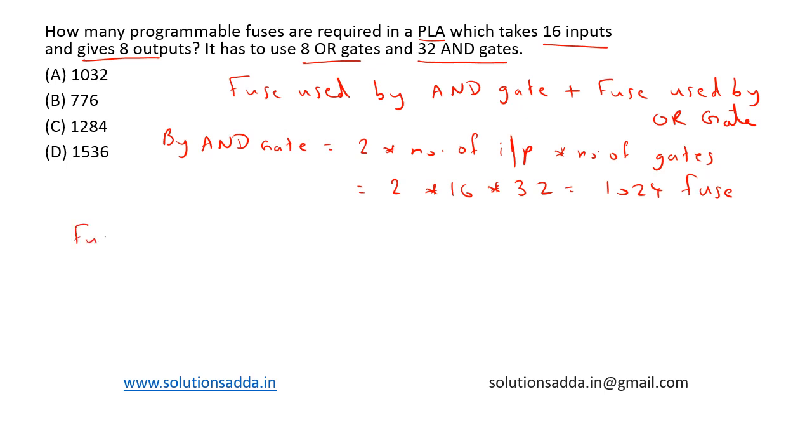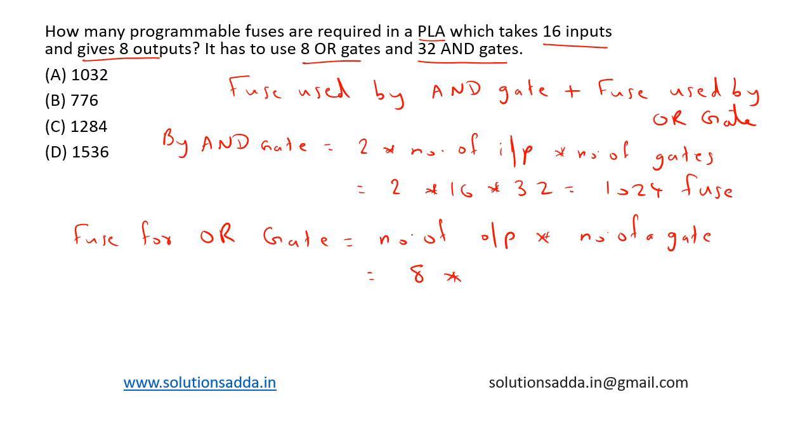Now fuse for OR gate is equal to number of output into number of gate, which is equal to number of output is equal to 8 into number of AND gates.